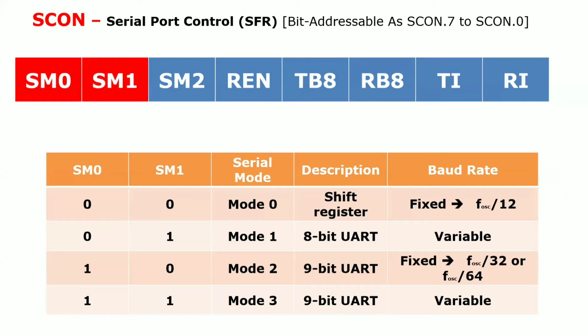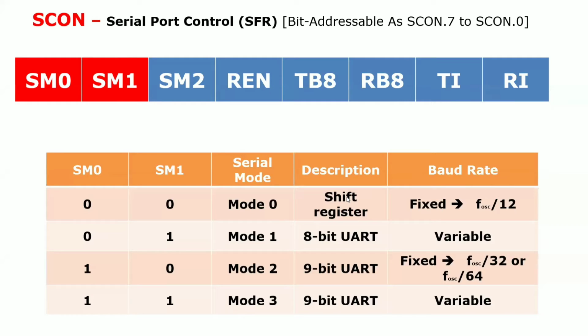Just like timers, the serial port also has 4 modes of operation. Those 4 modes are selected with the help of the SM0 and SM1 bits. There is another bit called SM2, which I will discuss in detail later. SM0 and SM1 select one of the 4 modes in which you want to operate your serial port.